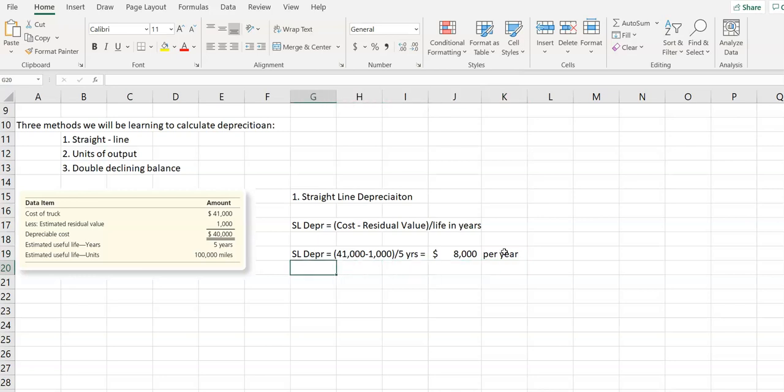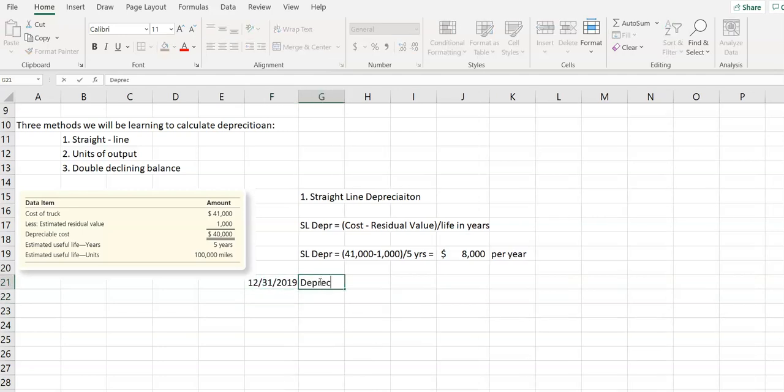All right, straight line is like its name. It's the same amount every year. It's constant. So you would do $8,000 a year for 5 years. Every year at December 31st, you would record depreciation expense and accumulated depreciation for $8,000.